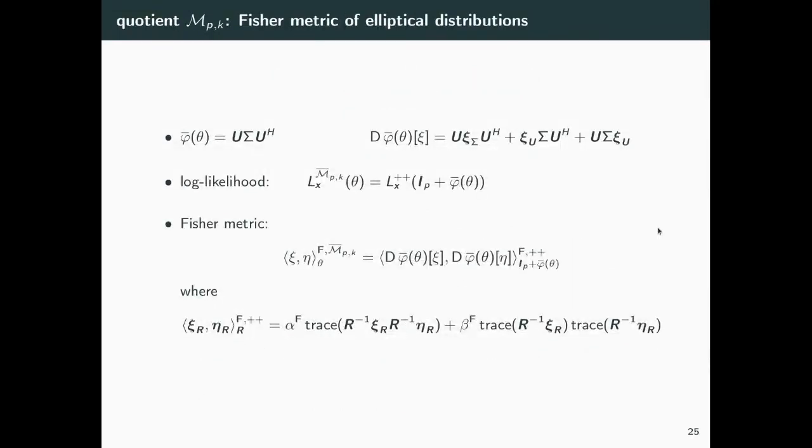And it only remains then to define the Fisher metric on our manifold, and to do so, we have this log likelihood function on the manifold, where we have this function that gives our positive semi-definite matrix given here, and its derivative. And in fact, we have shown that the Fisher metric can be obtained by taking this formula, where, as shown in the introduction of this part, the Fisher metric is given.